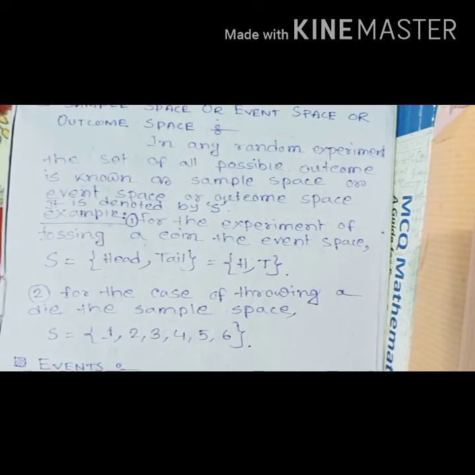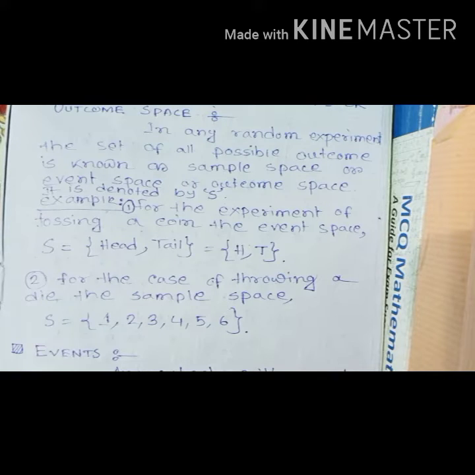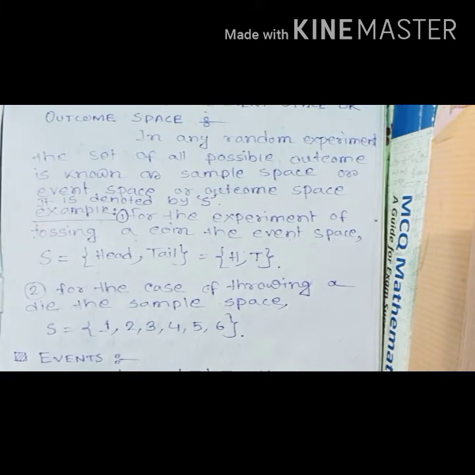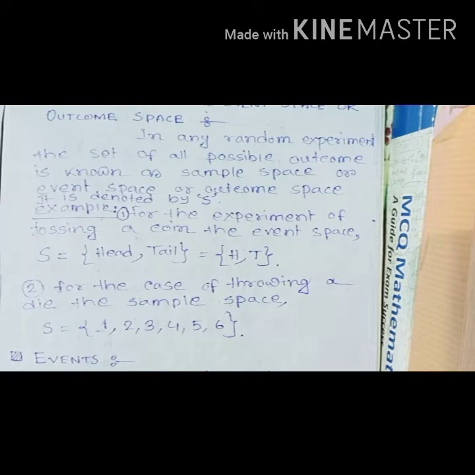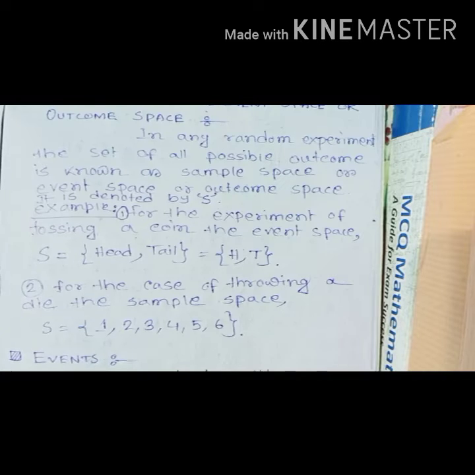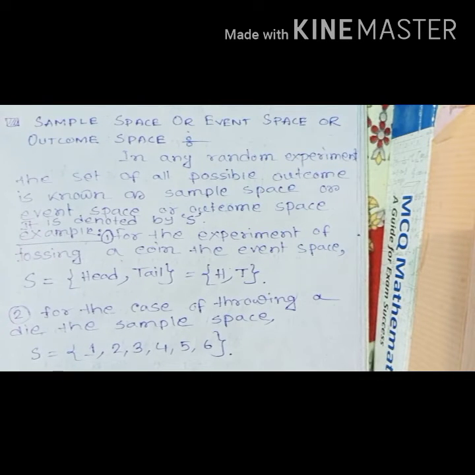The sample space is denoted by capital S. This S is a collection of the results of any random experiment. When you go through an experiment, you will get some results, and you make a set of all kinds of results. Then this set or collection is called outcome space or sample space or event space.